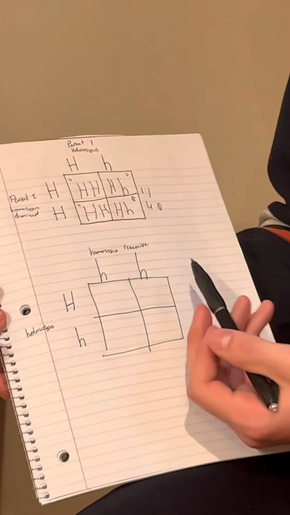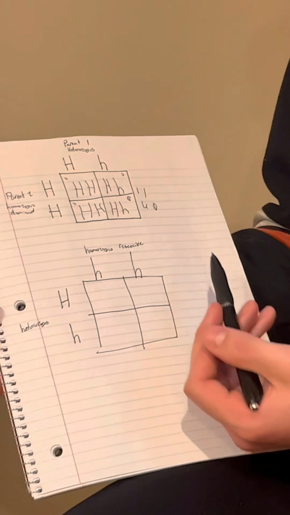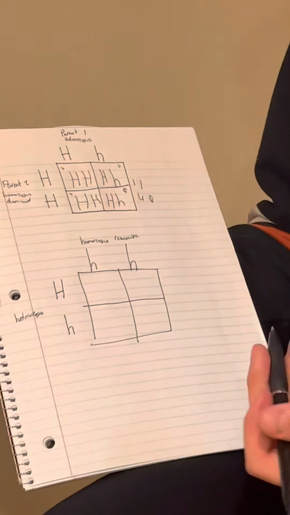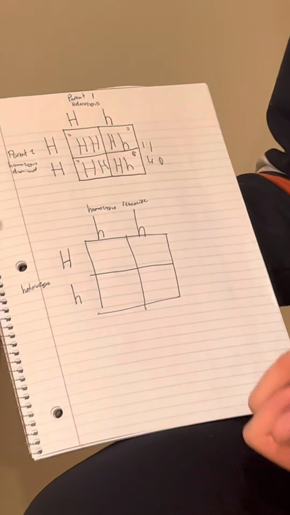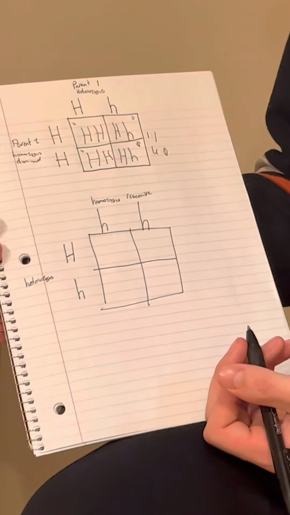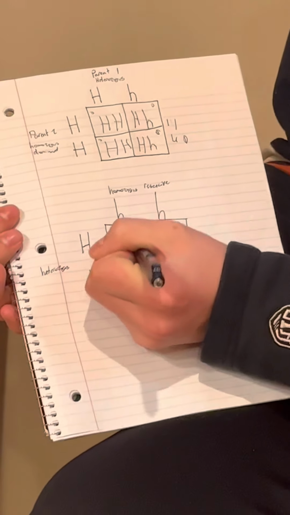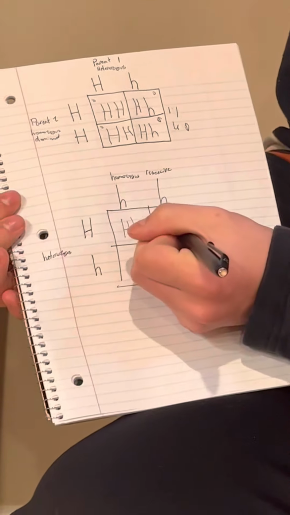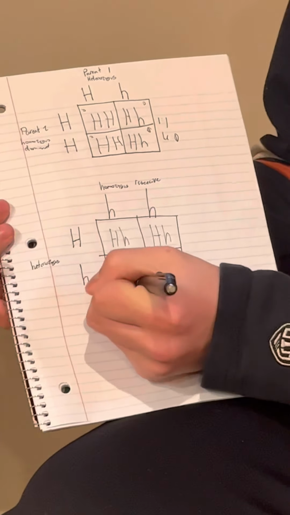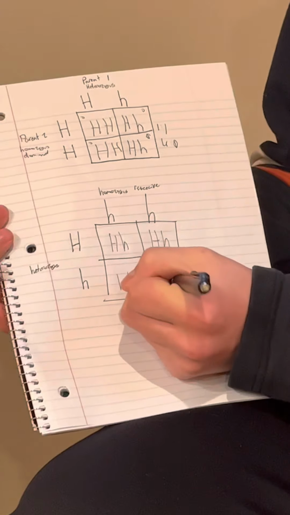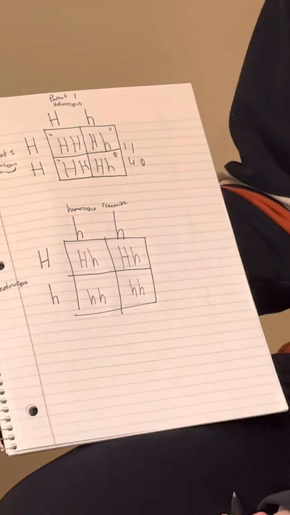And so for the next square, you have a homozygous recessive for the first parent and a heterozygous one for the second one. For this, you fill it out the same way and you just get different pairings. I believe it's the same ratio, at least for the genotypes.